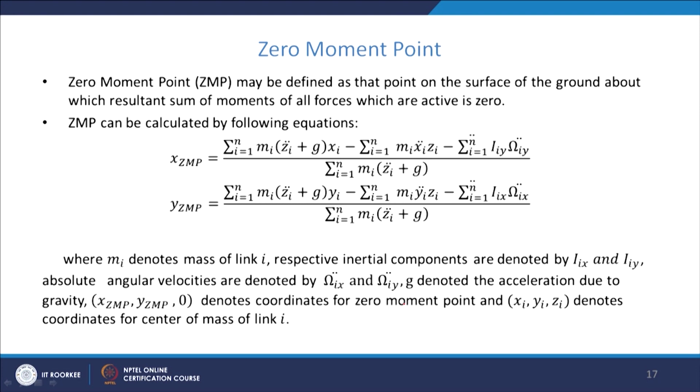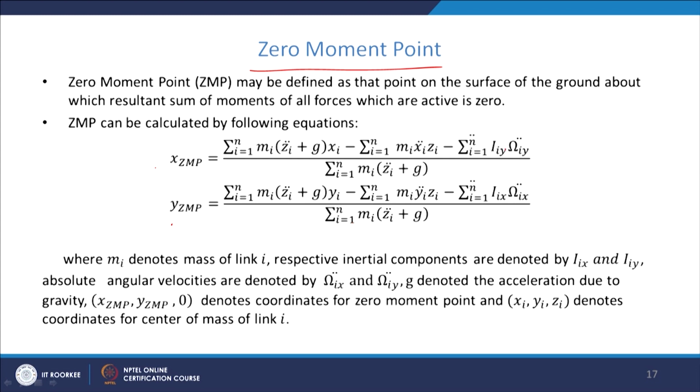So, now for the stable walk, the ZMP, zero moment point, is very important, and the calculation of the zero moment point is given by this formula. The x coordinate and y coordinate of the ZMP is given by this one, which was also seen in the last lecture.